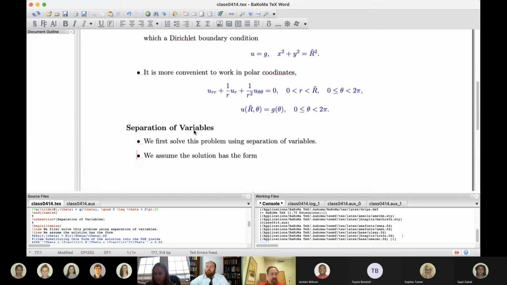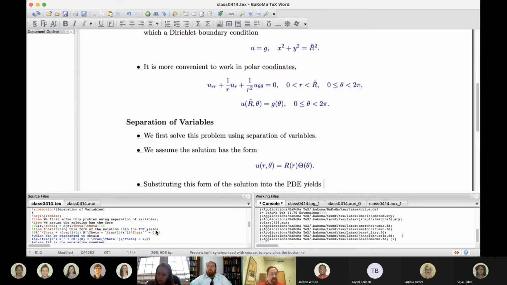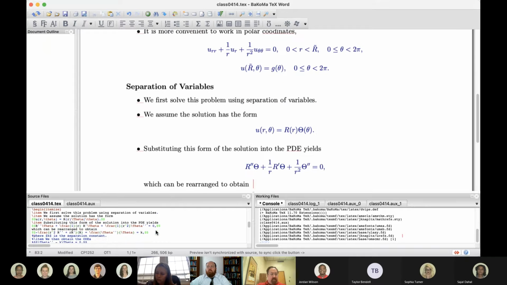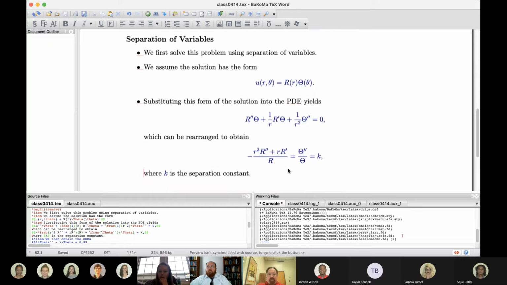So how we proceed is, and this is why I needed r tilde, since I have capital R down here: u is assumed to be a function of little r times a function of theta. These functions are called capital R and capital Theta. So we substitute this into the PDE and get this. Going through the usual separation of variables manipulations, we obtain this.